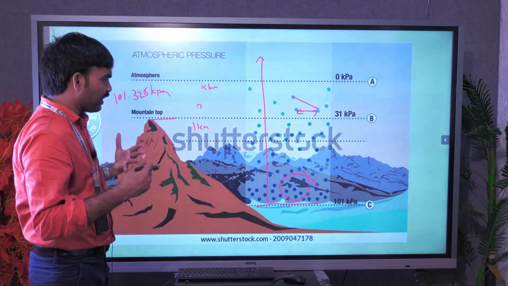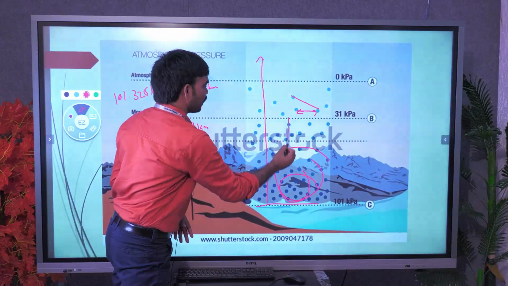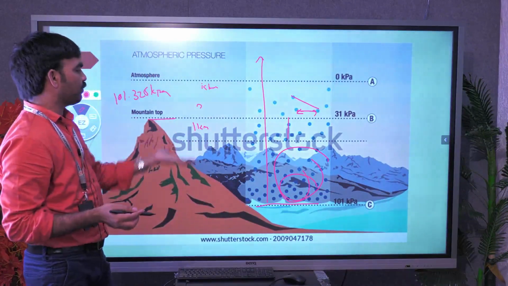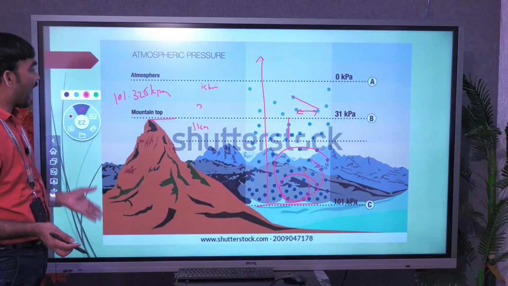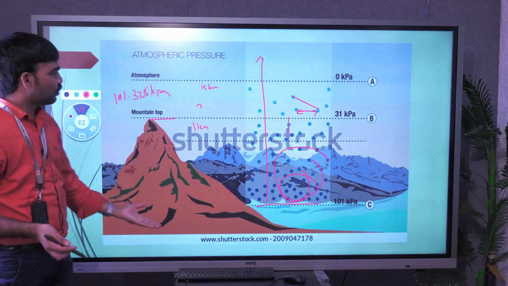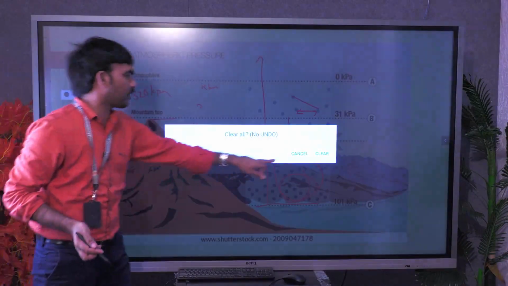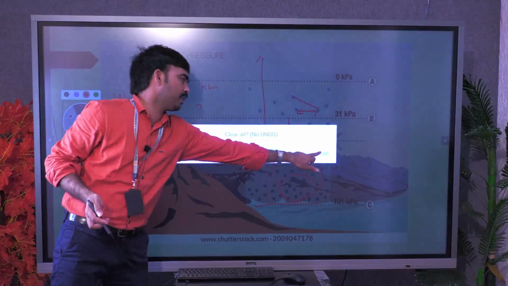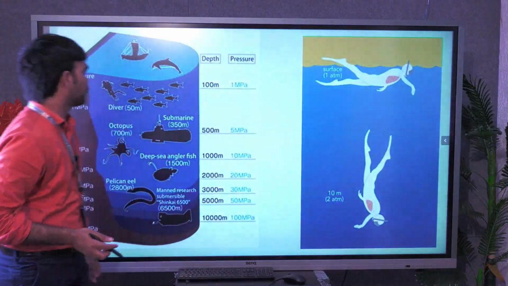The molecules are very closely packed near the surface, and the distance between the molecules will go on increasing as you go up. This is the reason the pressure will vary along with altitude, right? At the mountain, you will feel less pressure when compared to the ground surface. I am talking about atmospheric pressure. This is because of molecular spacing.